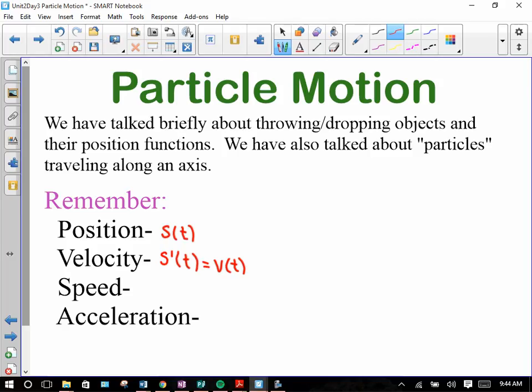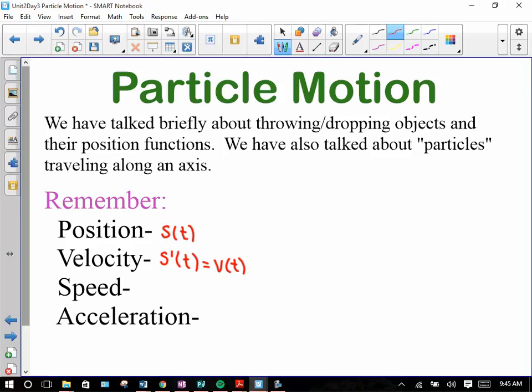Now, speed. Do you remember what we know about speed? It is the absolute value of velocity. Alright, so velocity can have a positive or a negative sign. Negative tells you that it's moving in the negative direction, so it's either left or down, depending on which axis the particle is moving along.